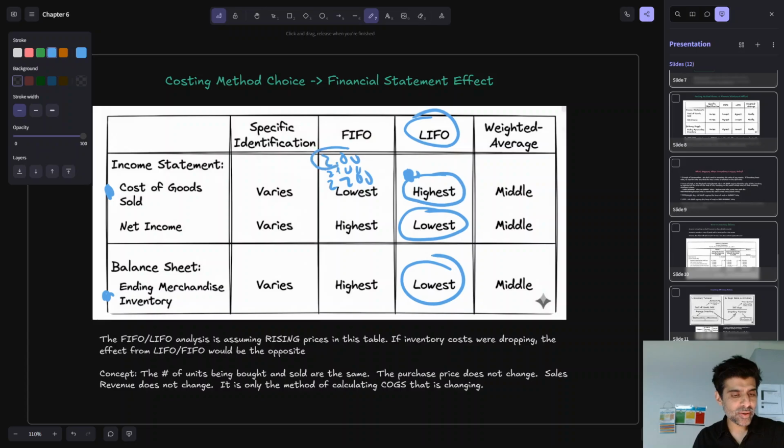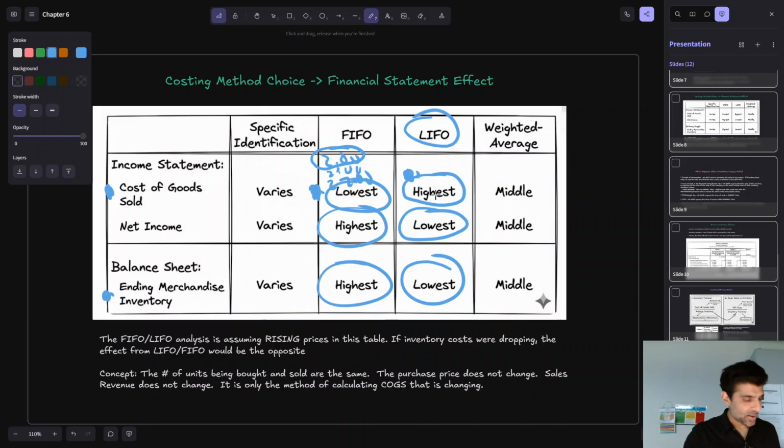With FIFO, you're going to cost this $2 layer first, right? So it's going to end up having the lowest cost of goods sold, which makes the net income higher because you have less expense. But then since the cost of goods sold is the lowest, it's going to make your inventory balance the highest.